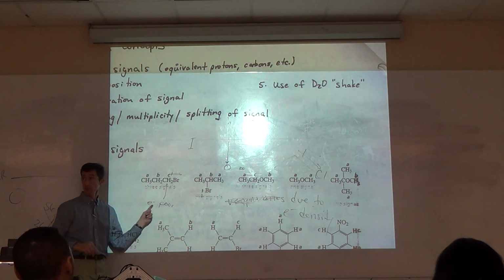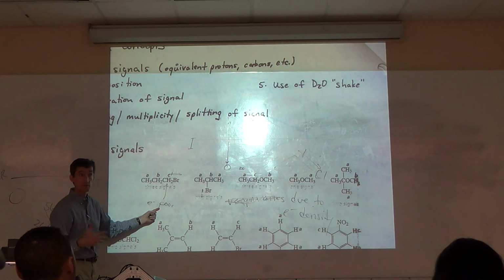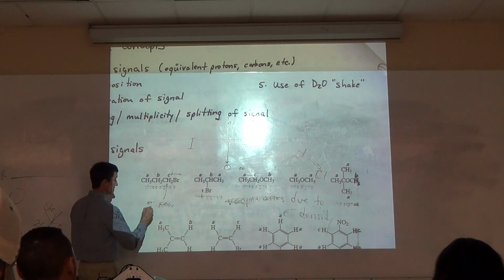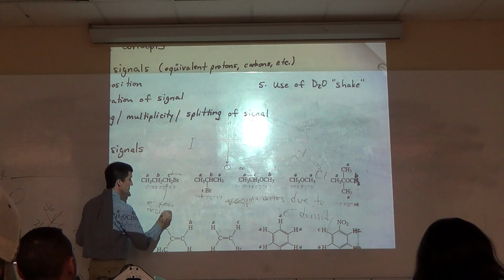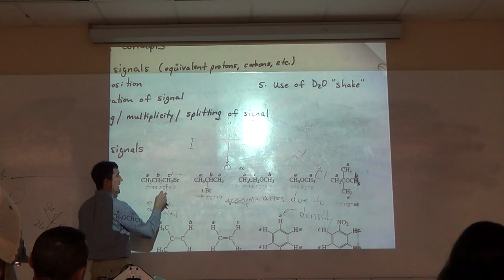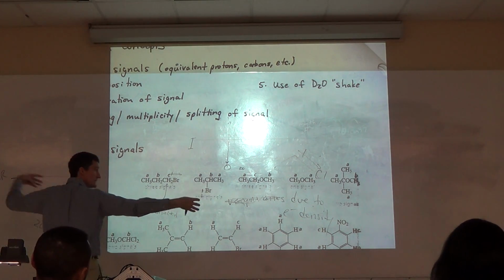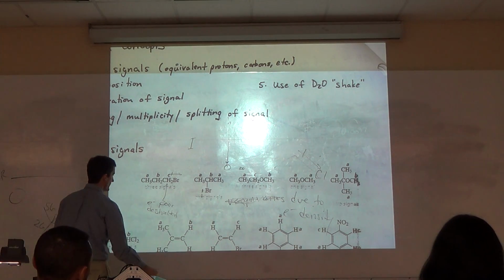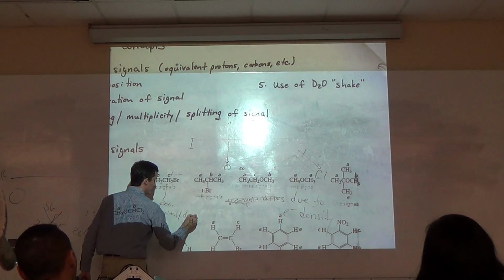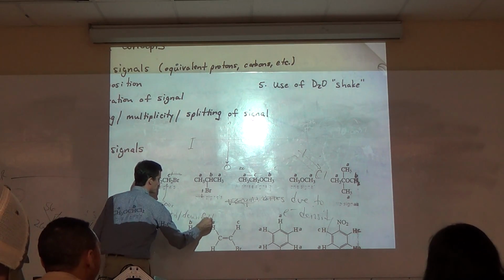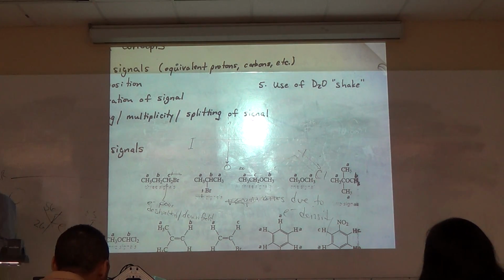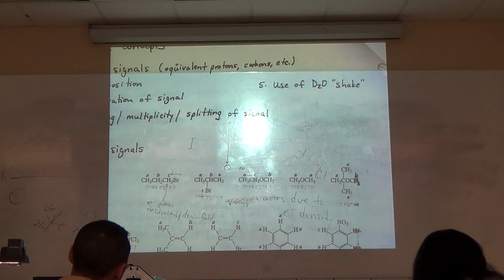If you've got less electrons, that ain't shielding. That's more towards de-shielding, the opposite. So we say it's de-shielded. So C, you would expect to be more upfield or downfield? Yes, downfield. Okay? Just trying to review.